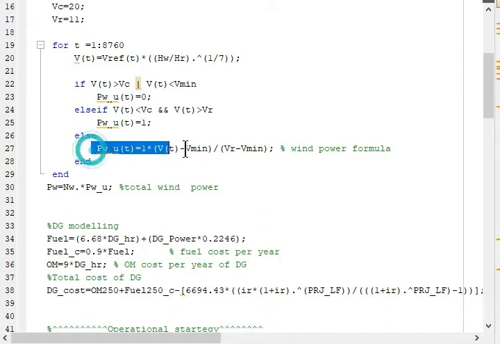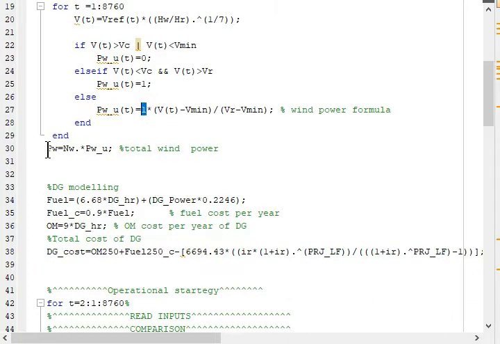Otherwise we apply the linear equation. You may convert it to cubic by raising all these velocities to the power 3. Here P rated is 1 because it's a 1 kilowatt wind turbine, and the total power will be equal to the number of wind turbines multiplied by the individual wind turbine power, in kilowatts, throughout the year.